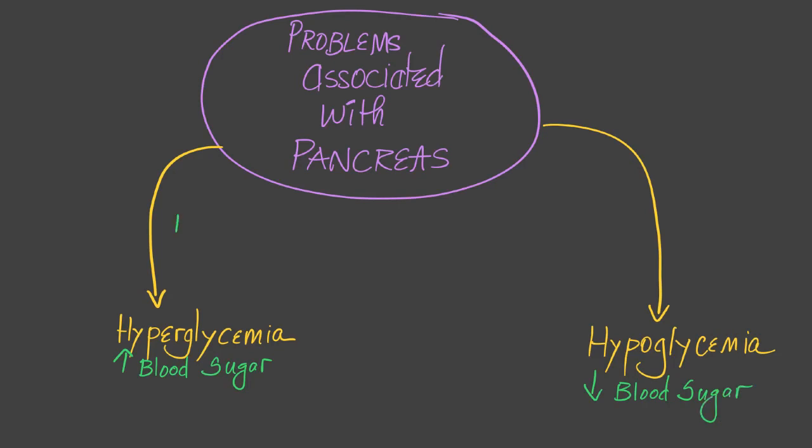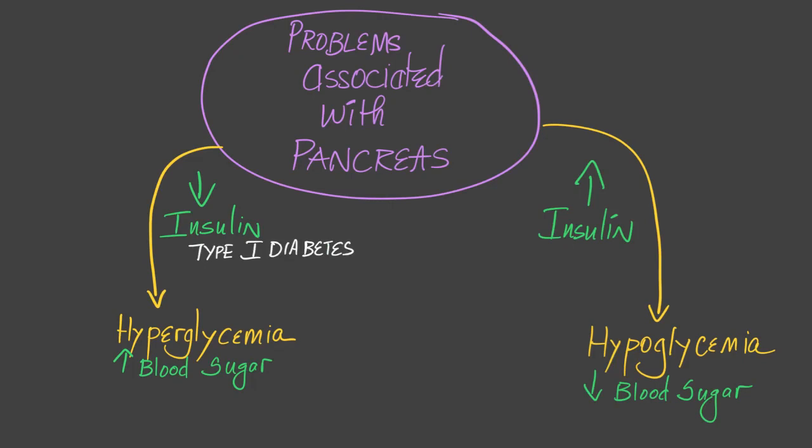This can be caused due to the levels of insulin. If the insulin levels are too low, then we end up with hyperglycemia. If the insulin levels are too high, then we end up with hypoglycemia. The lack of insulin leading to diabetes is also known as type 1 diabetes, not to be confused with type 2 diabetes, which is caused due to overconsumption of sugar.